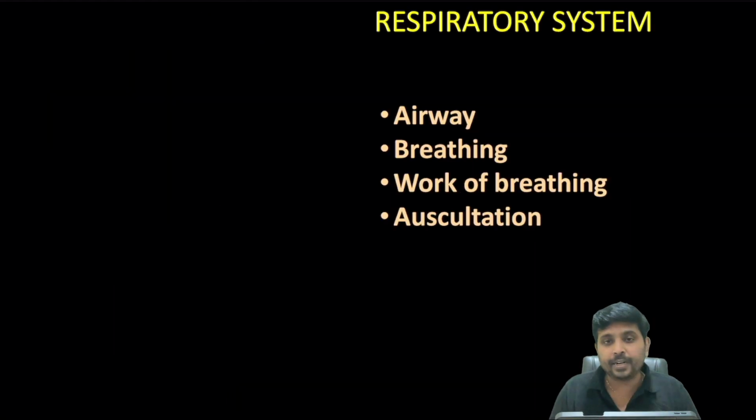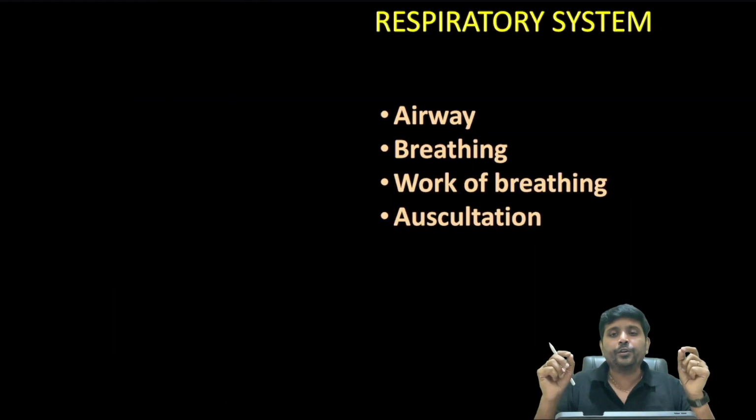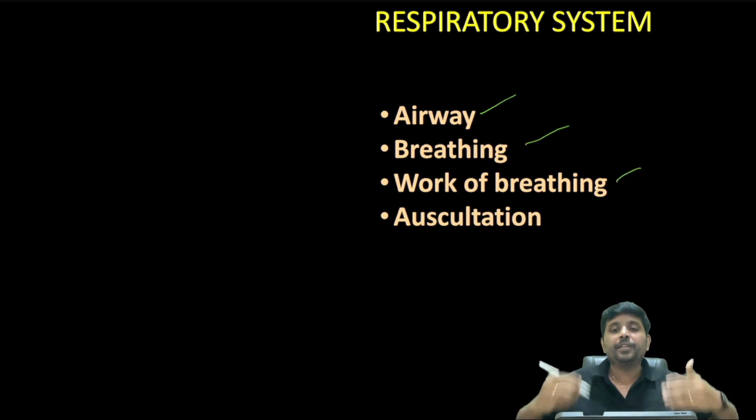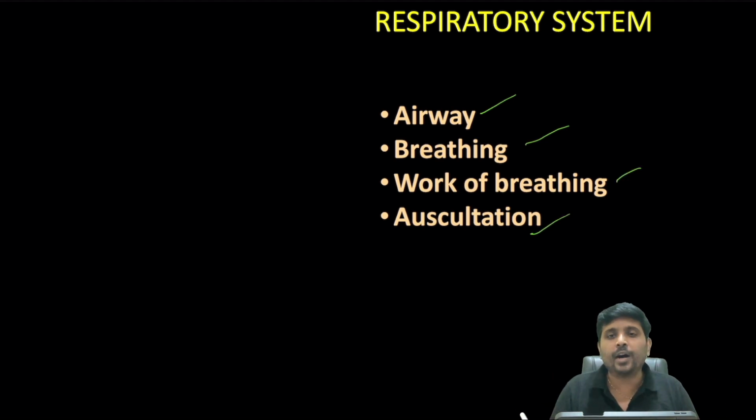Second one, respiratory system. How are you going to assess the respiratory system? First, general well-being you have assessed. Now you are going to assess the respiratory system. The respiratory system is assessed in the following manner: how is the airway, how about the breathing, how about the work of breathing or retractions, and finally you auscultate.